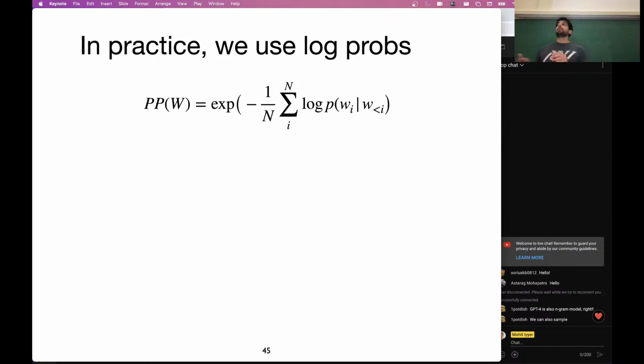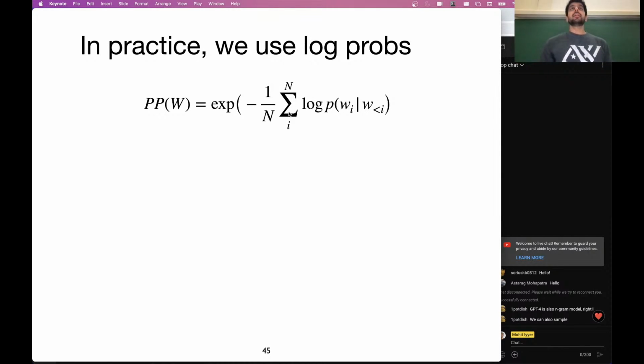In practice, when we get to neural language models, we use the negative log likelihood as our training signal. So this is our training objective, where we are trying to optimize the stuff in this exponent. You can see that we have the log probability of word i given all the words that precede i.